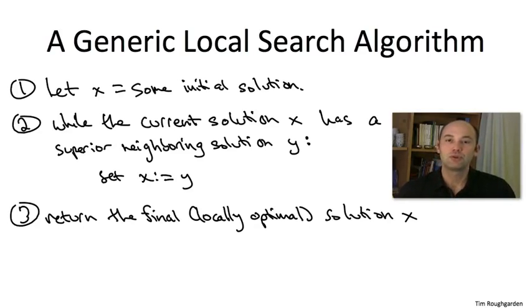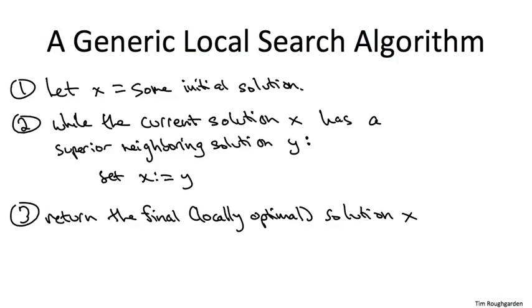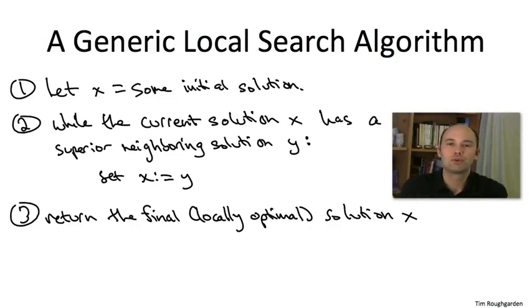We repeatedly searched for a superior neighboring solution. That is, we tried to see if there was a way to move a vertex from one group to the other to get a better cut. If we found such a superior neighboring solution, we iterated from that better solution. And then when we couldn't iterate anymore, when there were no better neighboring cuts, we just halted and returned the final result. You can apply this generic local search procedure to other problems in exactly the same way.